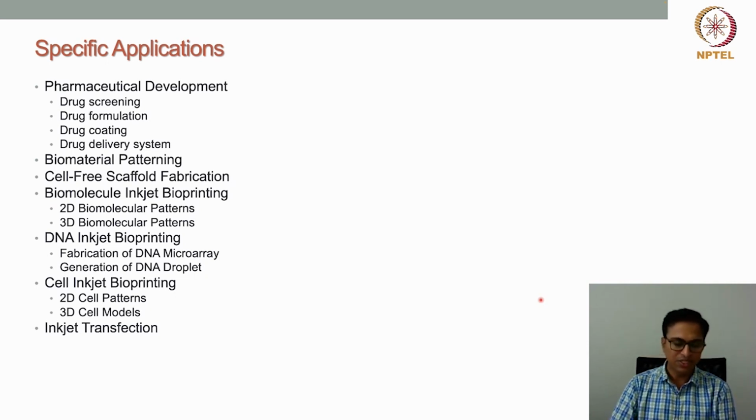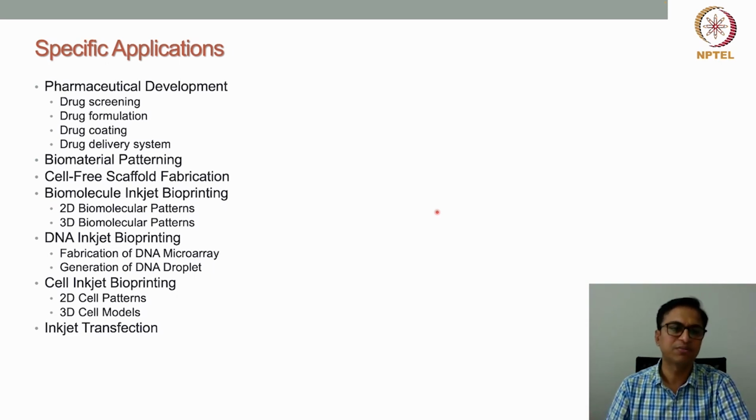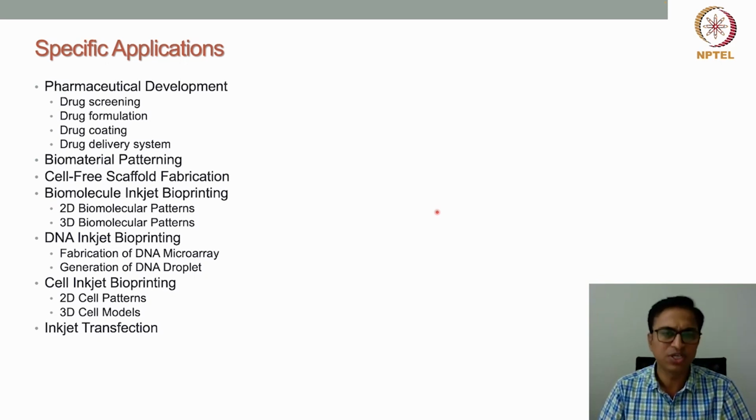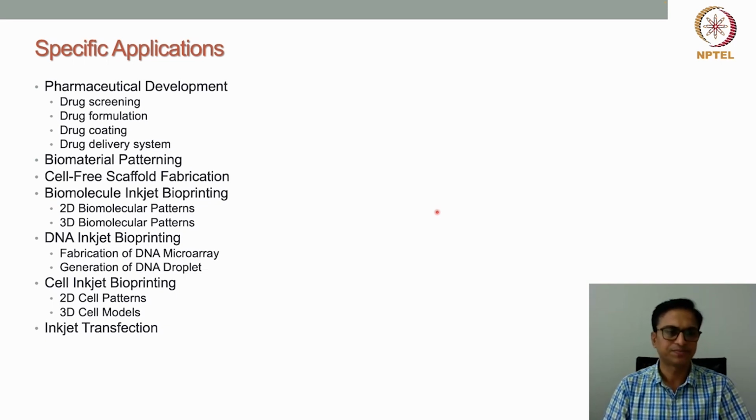Now, when they are used, they can be patterned on a 2D surface, where different surface patterning is possible. Either 2D pattern or 3D pattern is possible with biomaterials, and they have huge applications. Either it can be used for tissue engineering, for drug screening, or for different other applications.